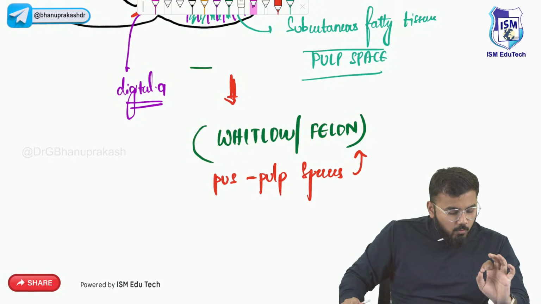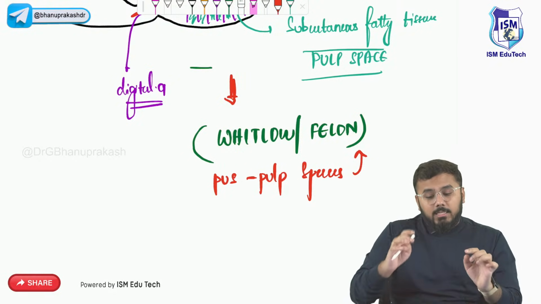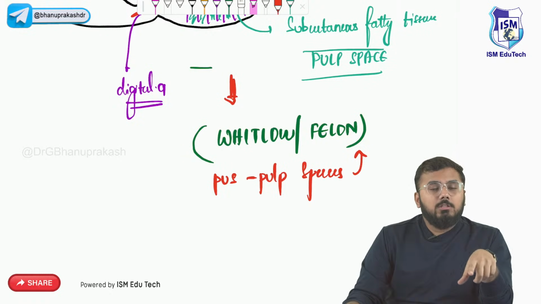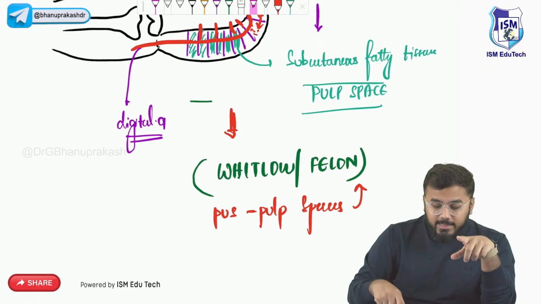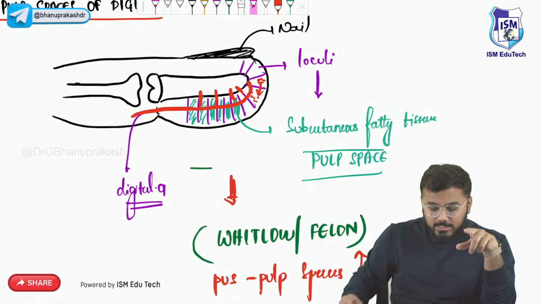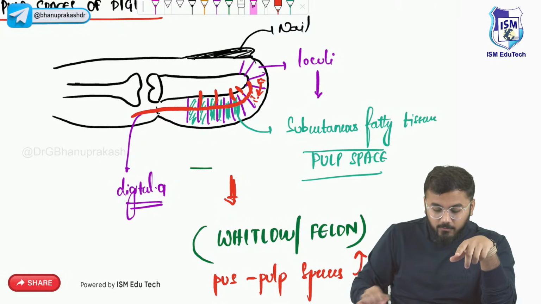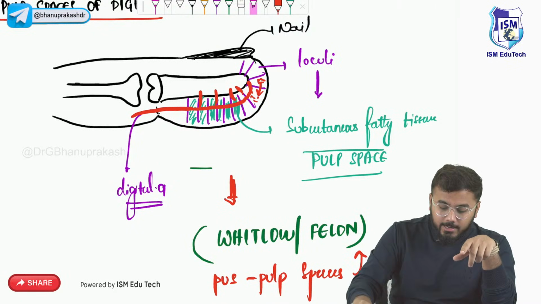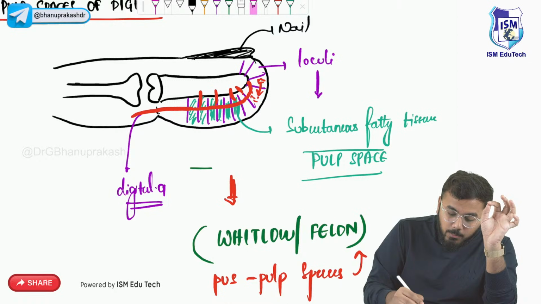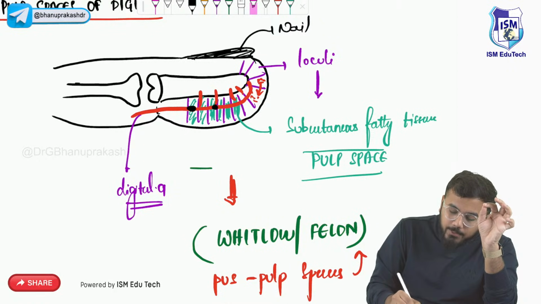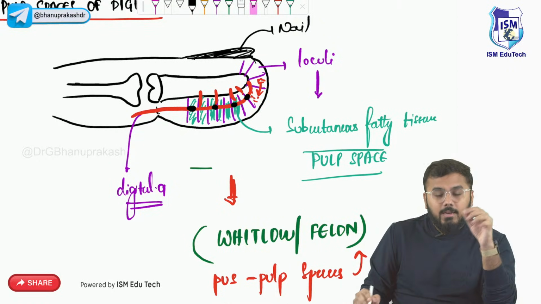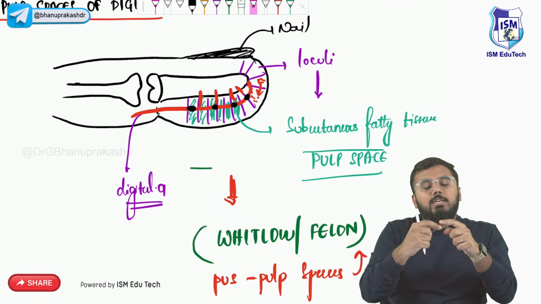Okay. Now, what will happen because of this? Still, you have got time. Because if you are still not treating it, that infection will enter into this digital artery, right? Once it enters the digital artery, that infection will block the digital artery at multiple places. When it blocks here, the blood supply will not reach the distal region.